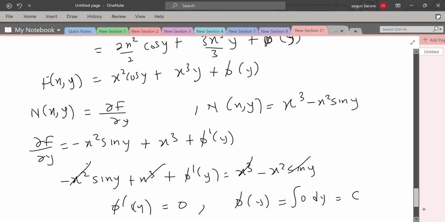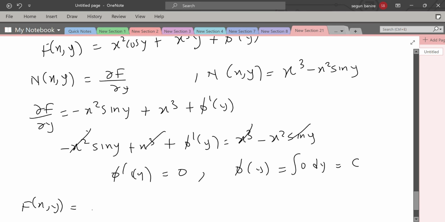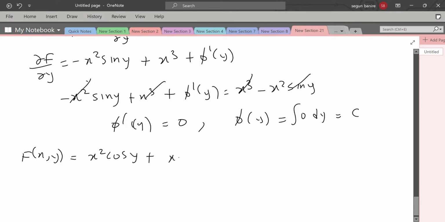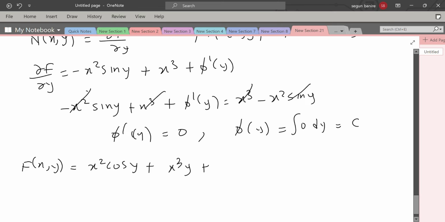We have x squared cos y plus x cubed y, and plus phi. The phi we had is c. Like I said, the constant is not really important. So you just get this. This is the equation that we are looking for.